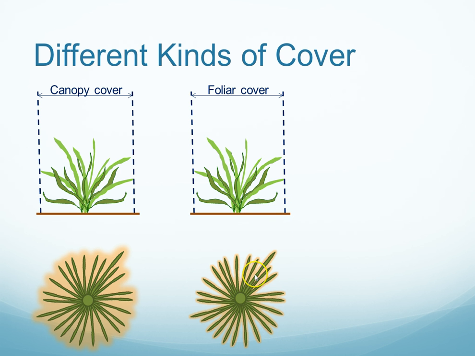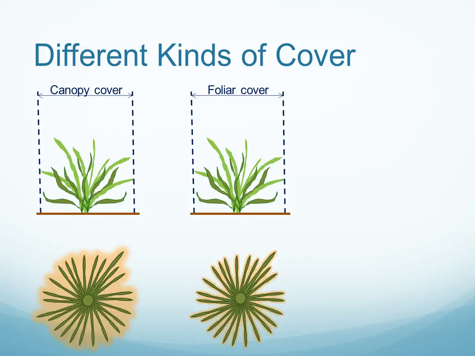But what we see by looking at the bird's eye view or the top-down view is that the orange halo is quite reduced, and we can actually see the gaps that are between the leaves. In this case, when we're measuring cover, we're focusing only on the cover that is provided by the leaf material.